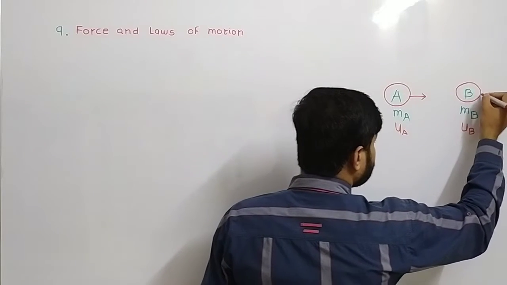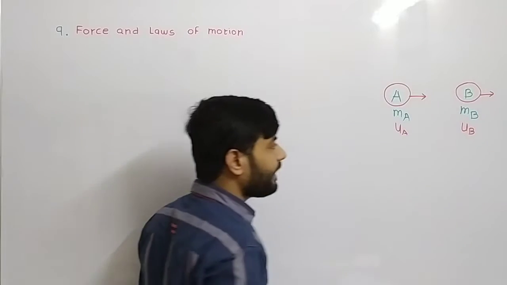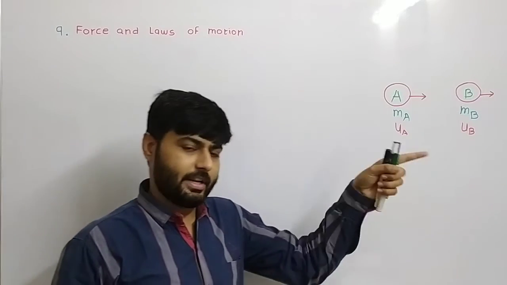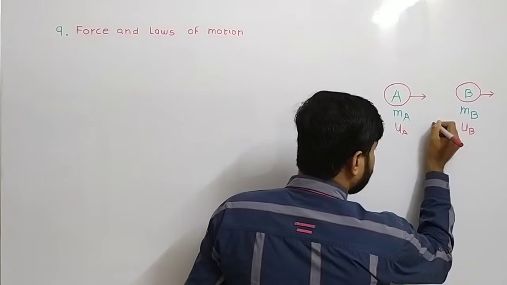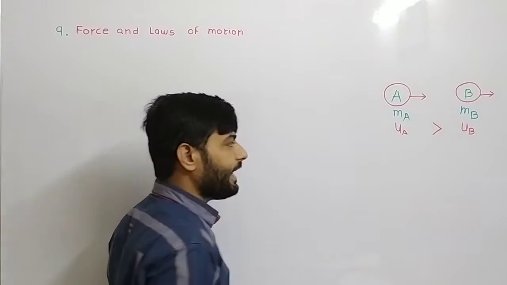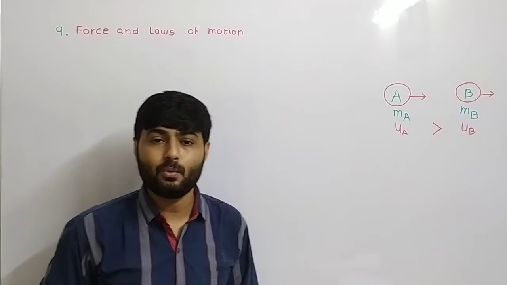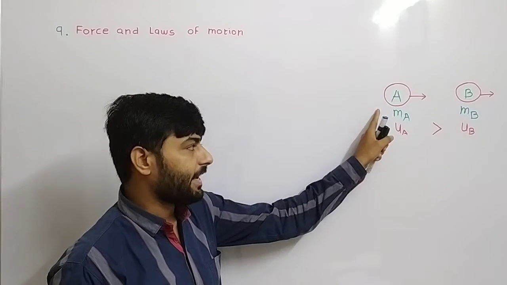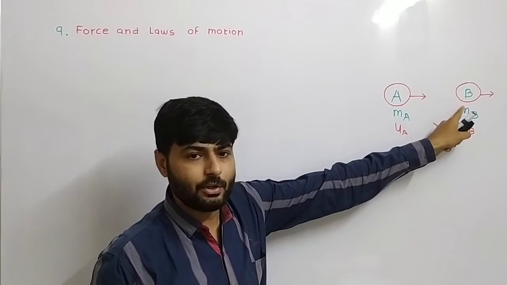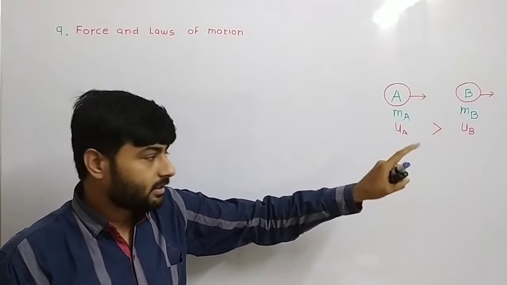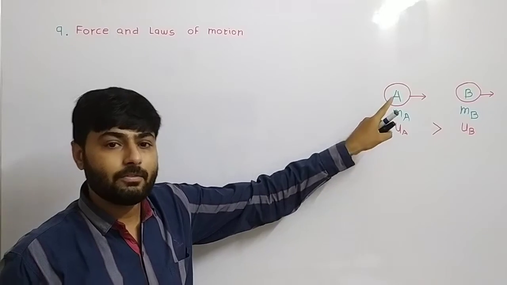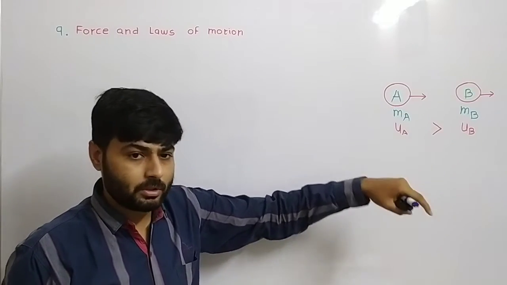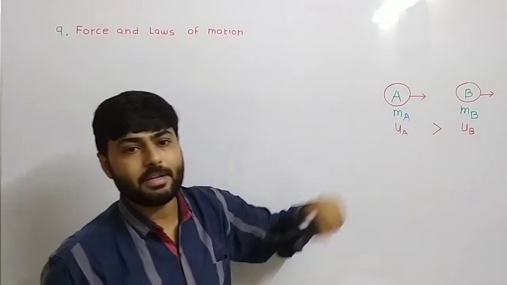Suppose these both balls are moving in this direction, and I consider UA is greater than UB, which means this ball A is traveling faster with more speed than ball B.